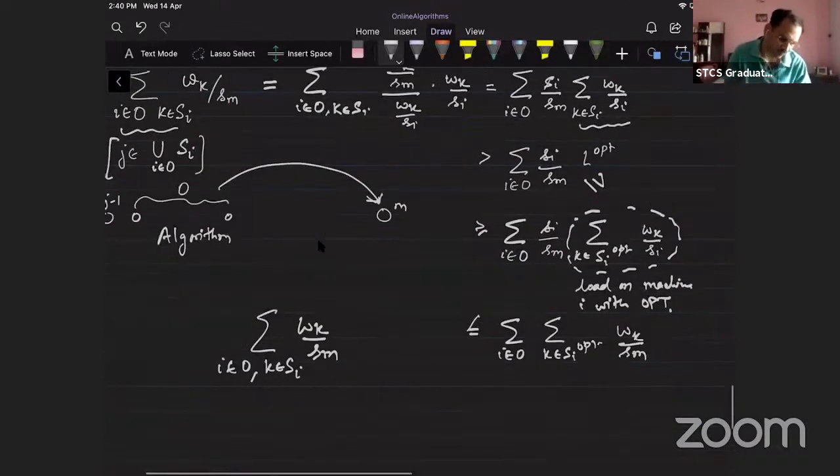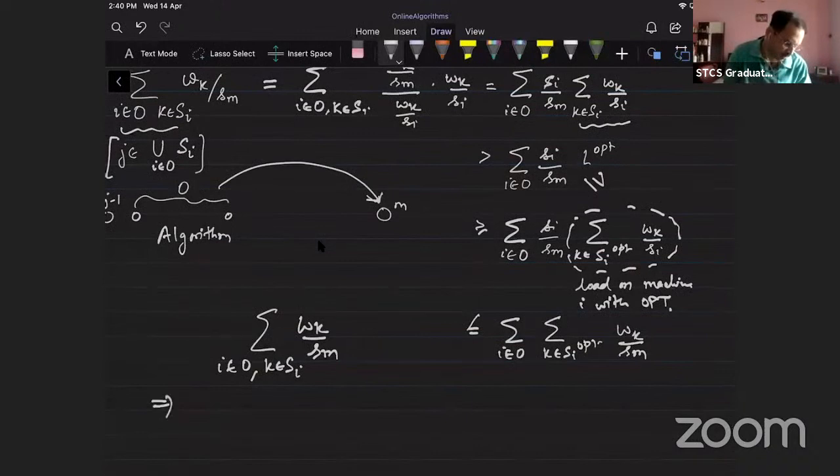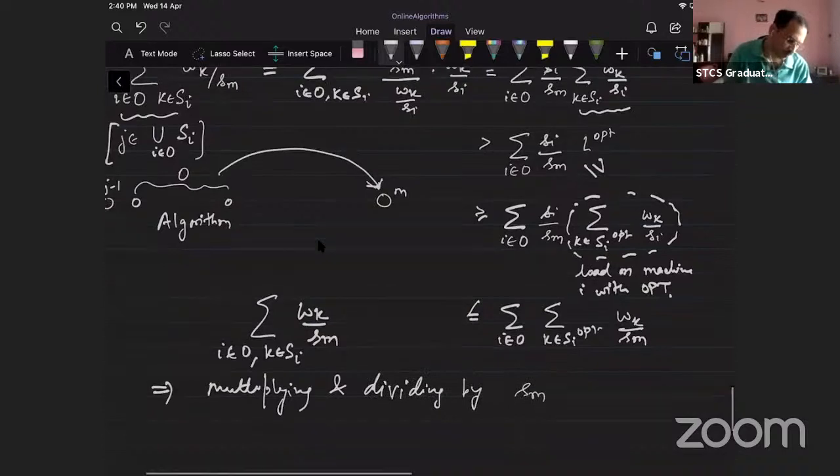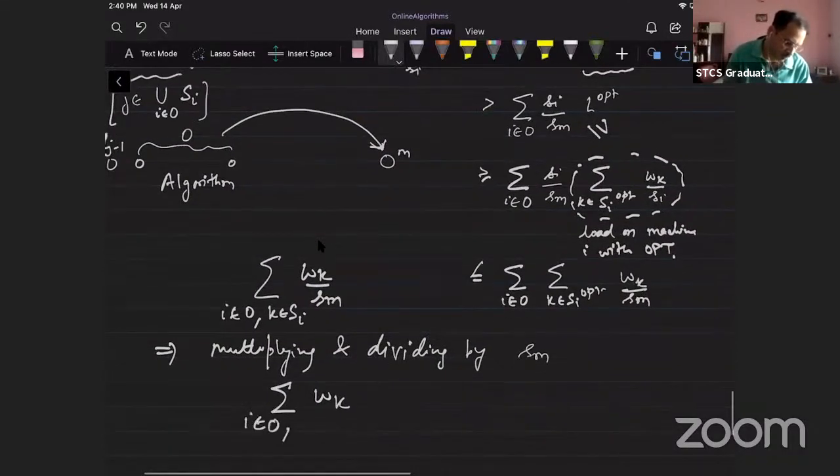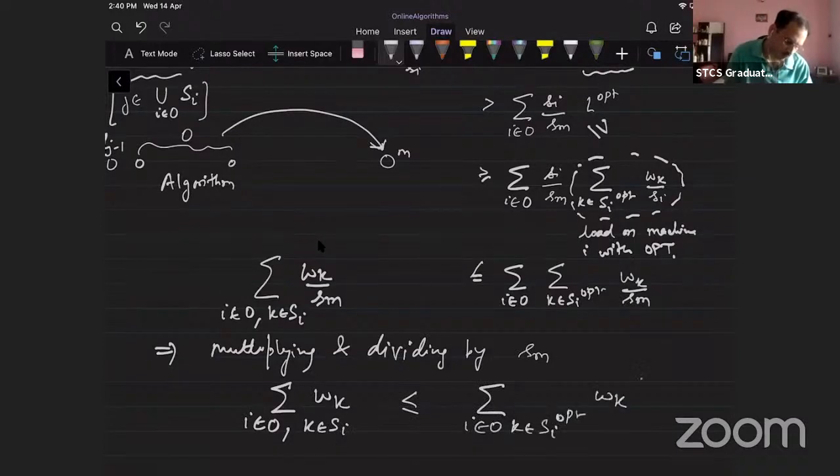So what does this mean here? Now let's multiply and divide by Sm. We get that the summation of Wk, i belongs to O, k belongs to Si, is less than or equal to the sum over i belongs to O, k belongs to Si OPT, of Wk.